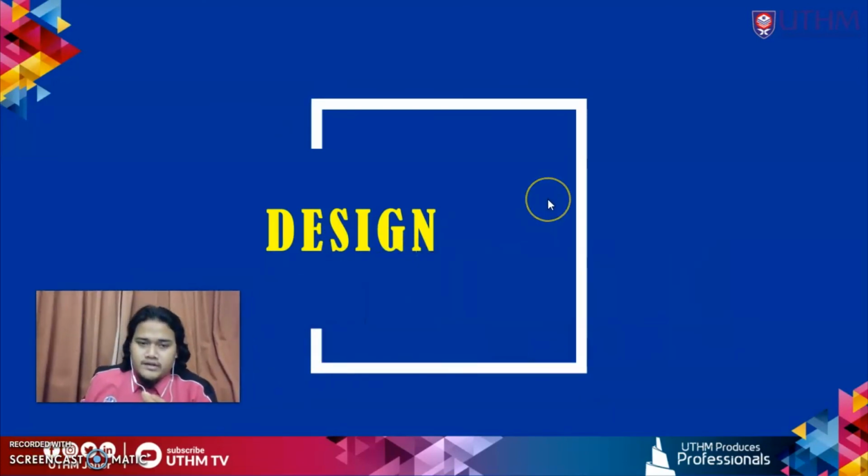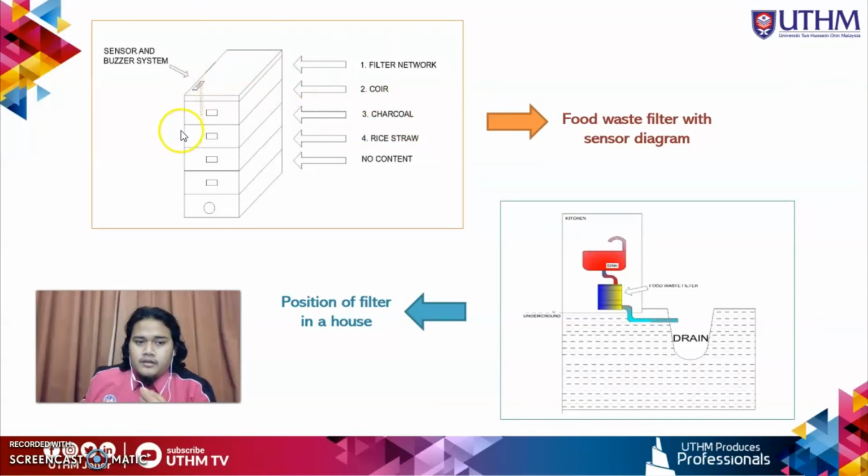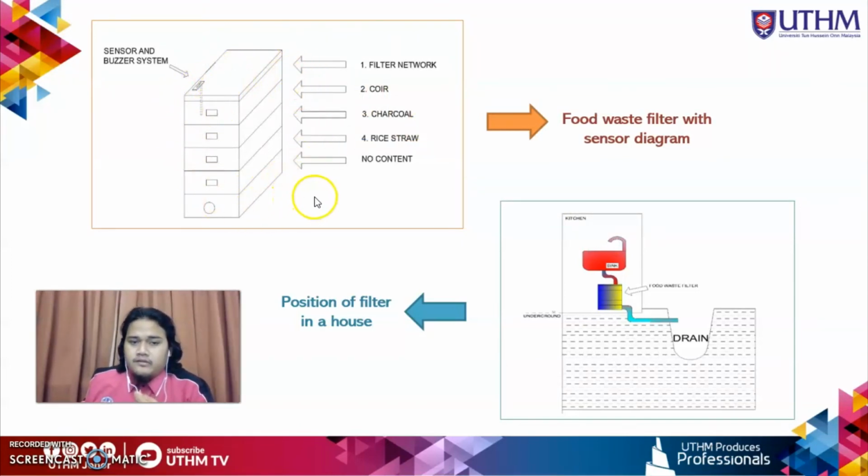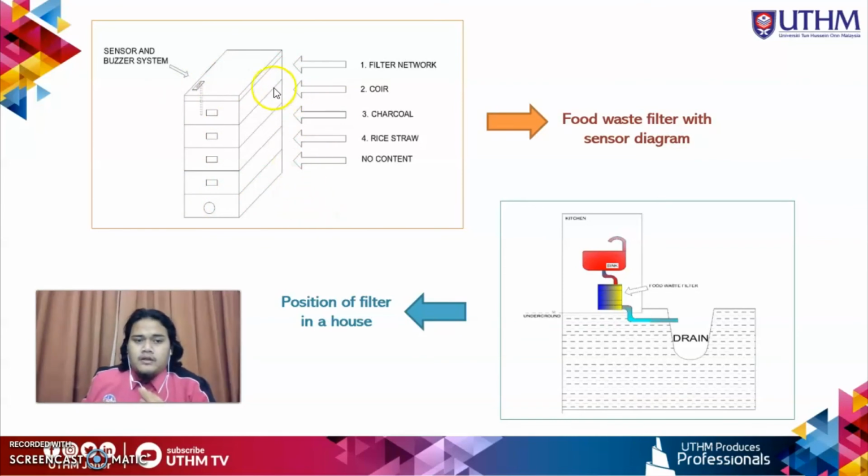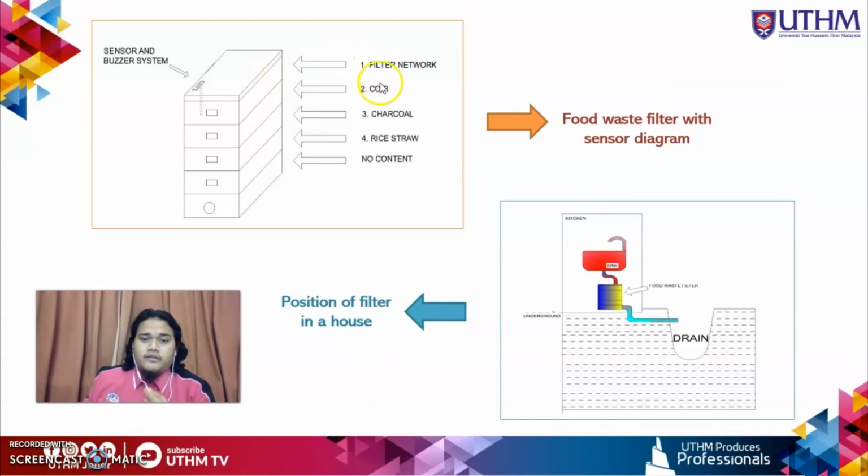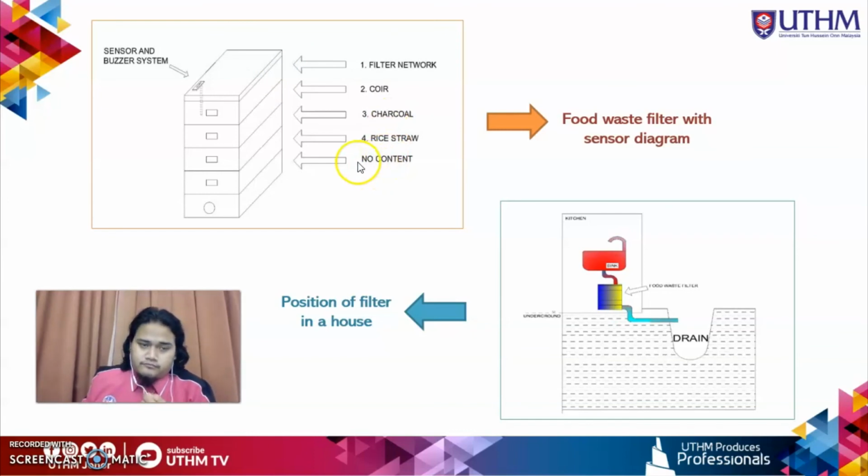And now for the design. This is the design for my food waste filter using sensor. It has 5 levels of chamber or drawer, consisting of filter network, coir, charcoal and rice straw. And then it has a sensor and buzzer system on the top of the food waste filter.